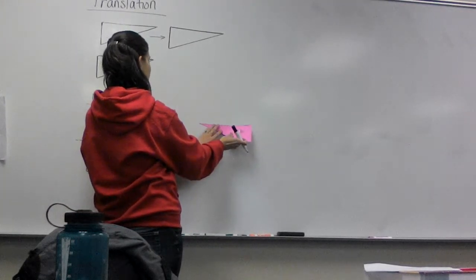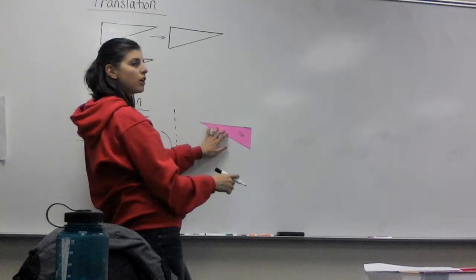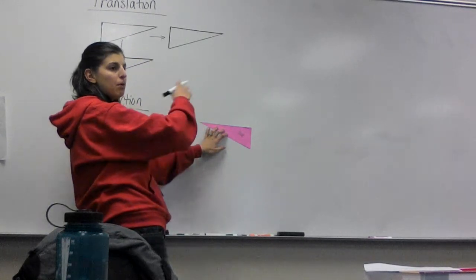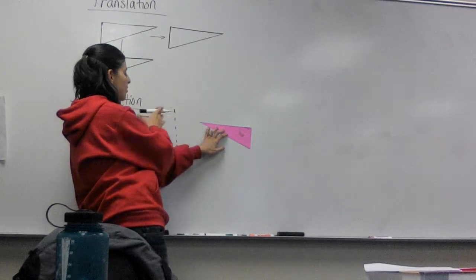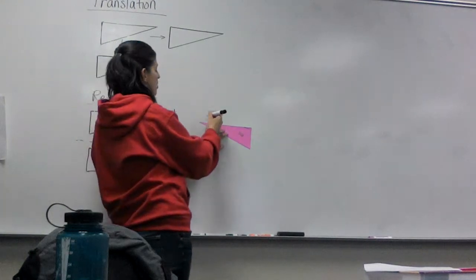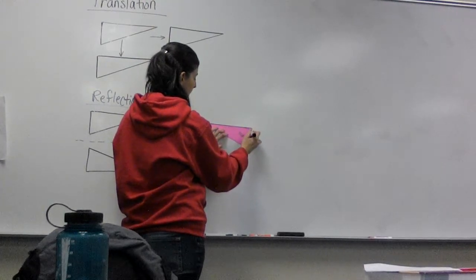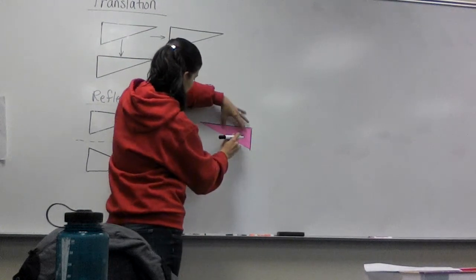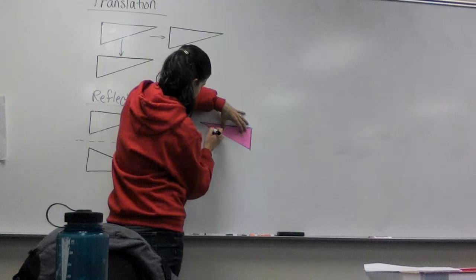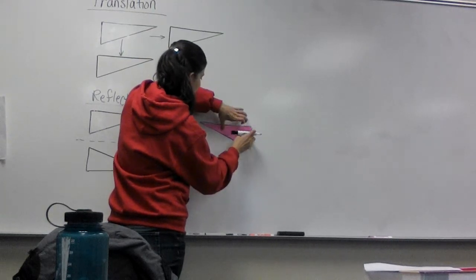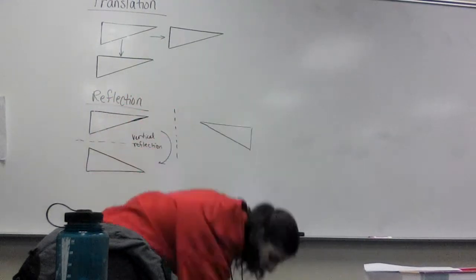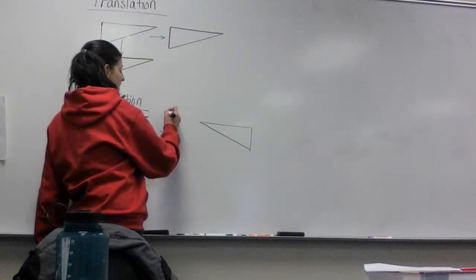Now you'll want to be careful. You'll want to make sure that your two pictures are equidistant from that line of reflection. There we go. There's a reflection horizontally.